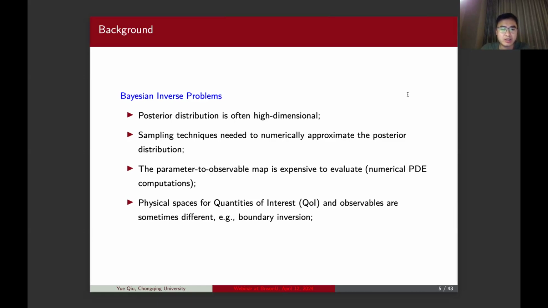Take boundary inversion as an example: when you want to infer the boundary conditions or the parameters on the boundary, but your observables, or your observed data, lie inside the domain of the PDEs. This is a very practical scenario for PDE-constrained inverse problems.